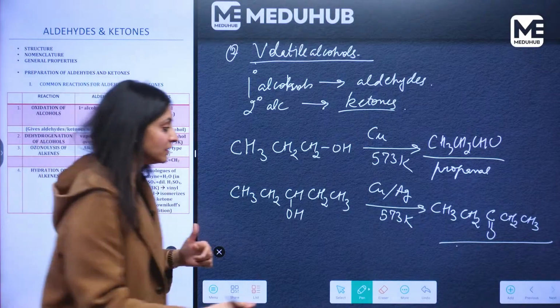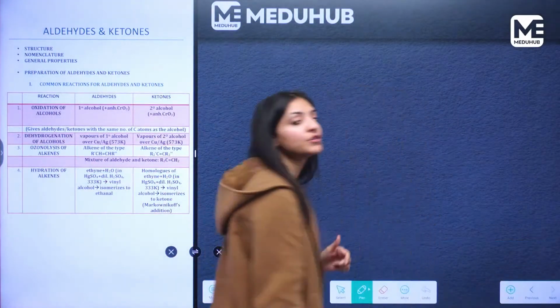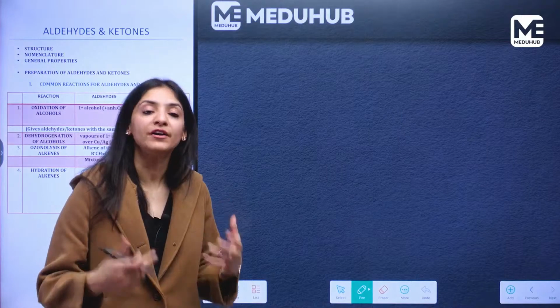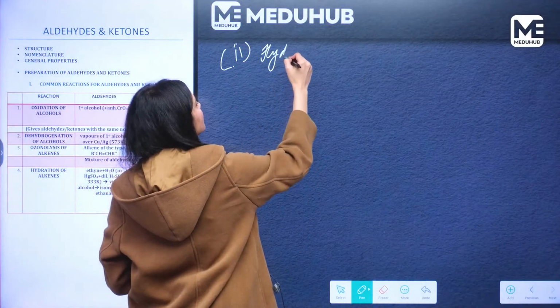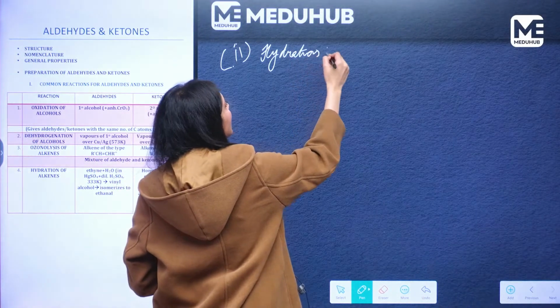The next method, which is common to the preparation of aldehydes and ketones, is through hydrocarbons. Hydration of alkynes.